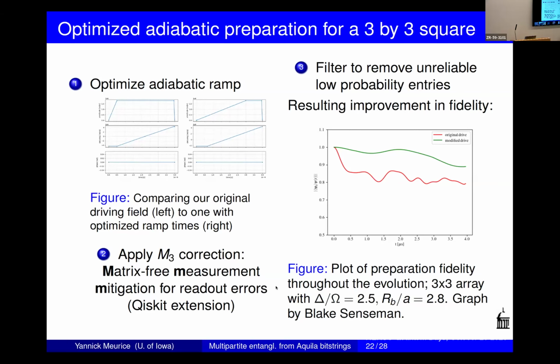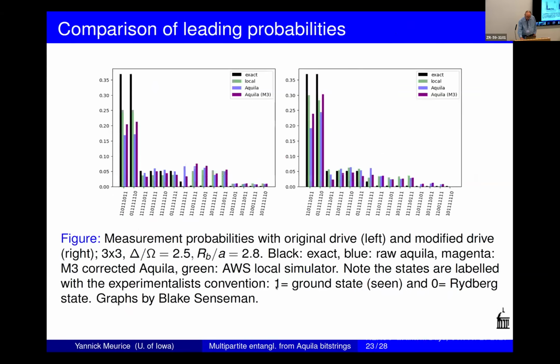We also used the M3 correction for the readout errors. That works very well. And so this is an example. The goal now is to get the square. So this is for a 3x3 square.